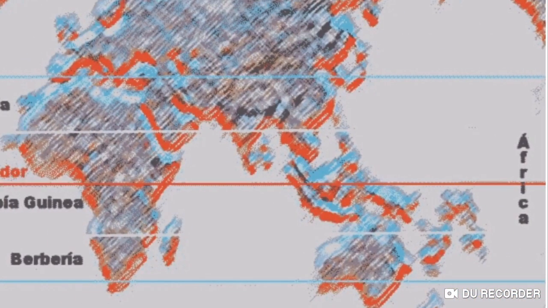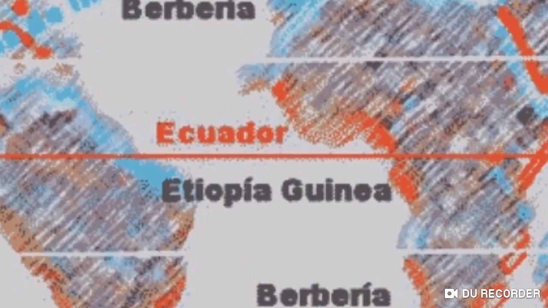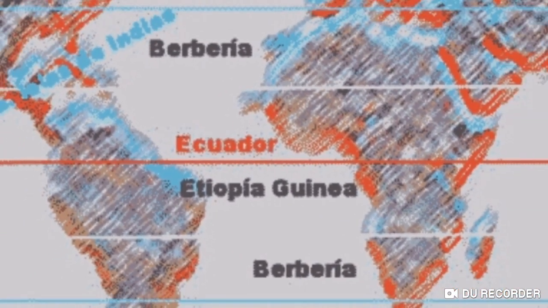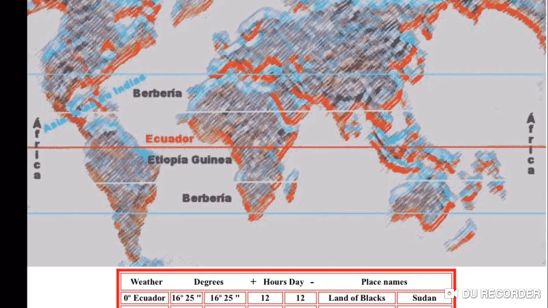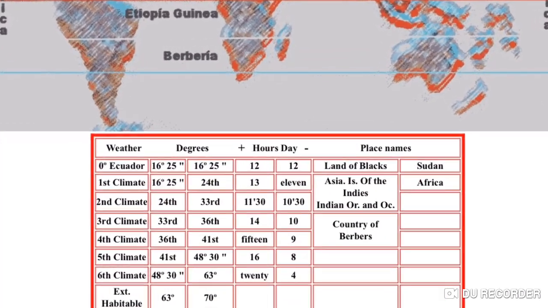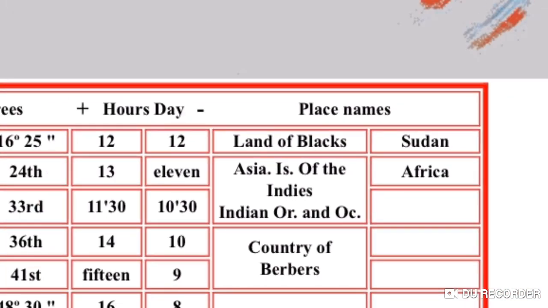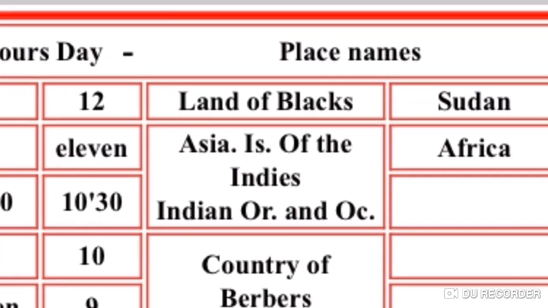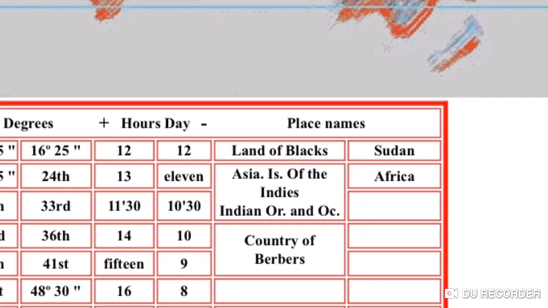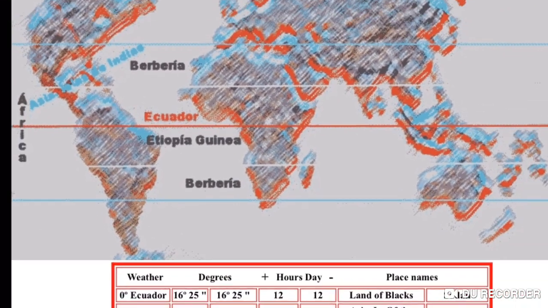So they had a version of this map, and they named everything within this Ecuador line, which is equator, everything within that line they had on their maps as land of blacks. So when we get to the next lands, Asia, islands of the Indies, the Indian Oriental or Occidental, East and West.